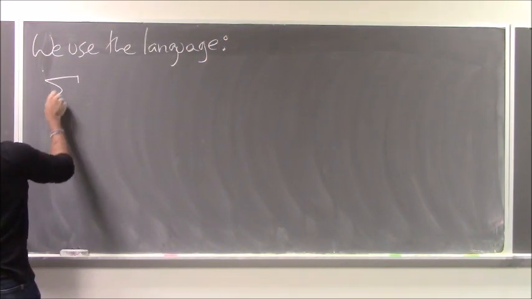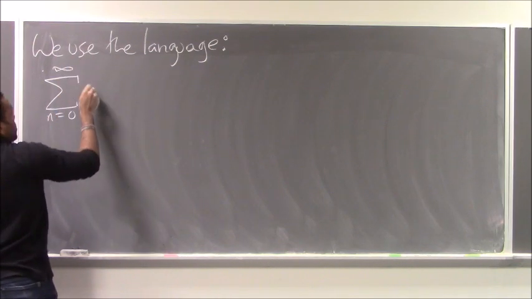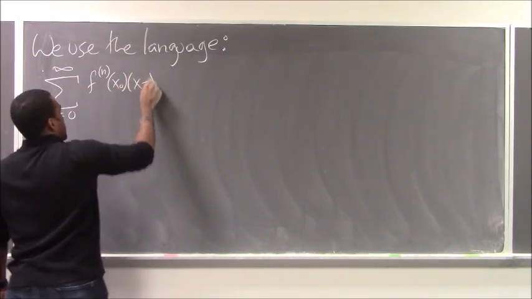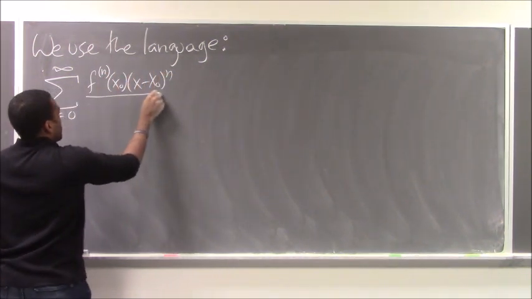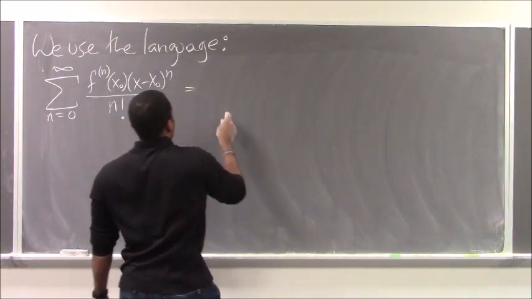So here you can have a Taylor series, f to the n evaluated at x naught times x minus x naught to the n over n factorial. And I can start writing that out.